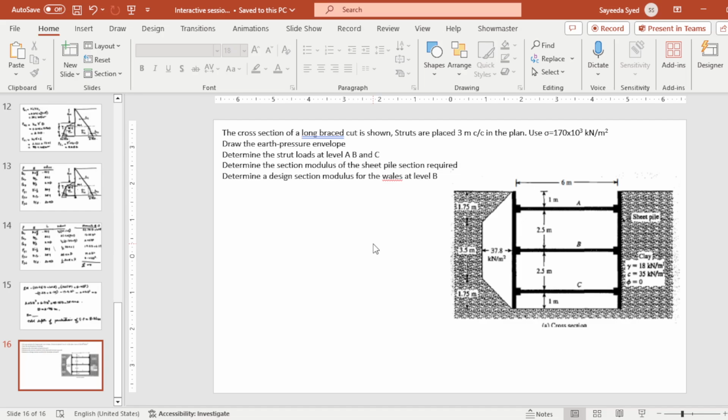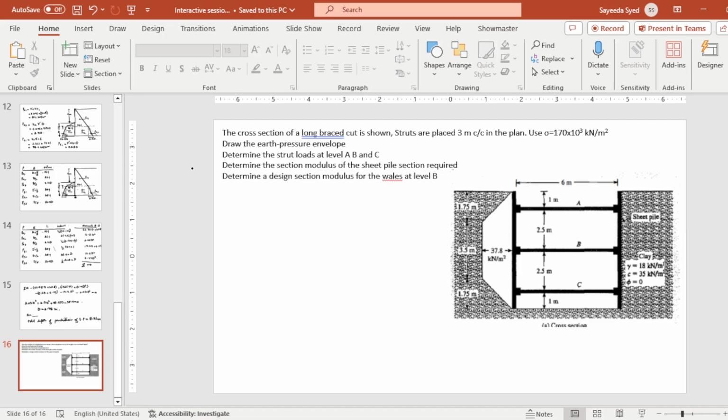We have been given a braced cut in which these three struts have been given at A, B, and C depth, and it has been written that along the plan the struts are placed 3 meters center to center.